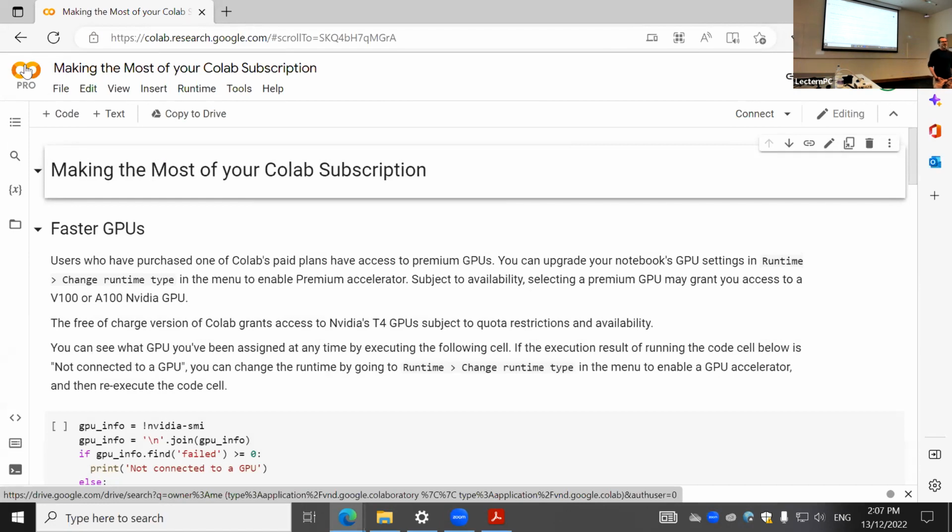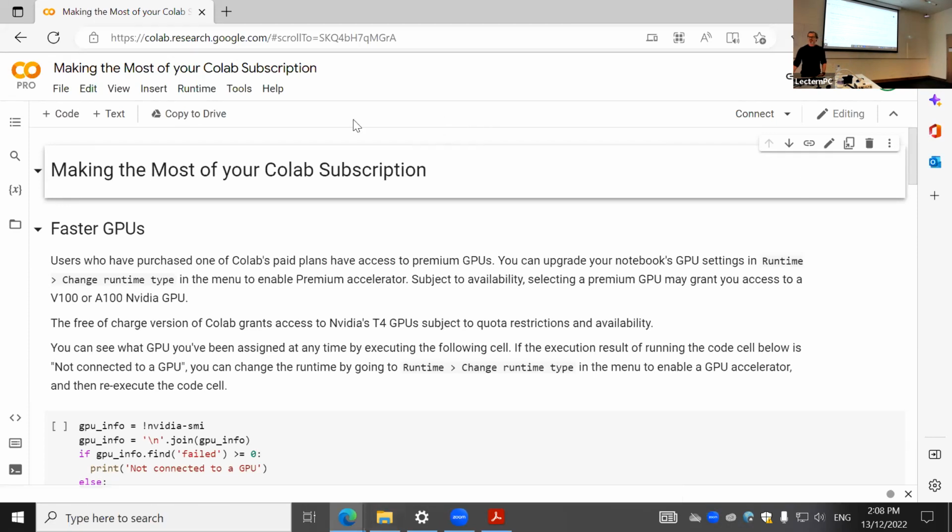I assume that at Google they've got a whole lot of dusty machines lying in the corner that they're not using anymore, and they've hooked them up, some really old and some not so old. If you pay them $10 a month, when you make a connection, they give you one of the ones that's not so old. So we'll see how we go with that.